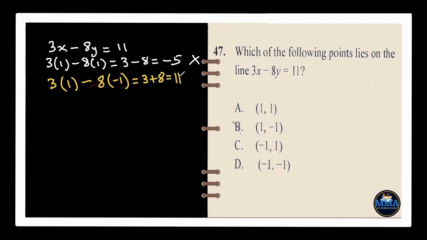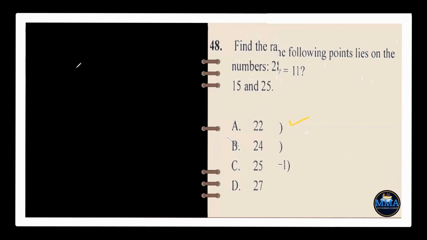So we have 11. This is correct. We don't need to proceed. If you check other ones, they will not satisfy it. So this objective, we don't need to spend more time testing. So therefore, our correct value is 1, minus 1, which is option B. We tick option B. I will proceed to question number 48.